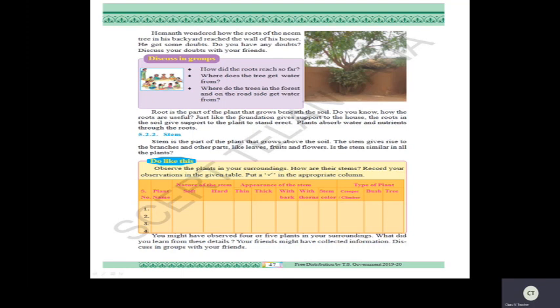Do you know how roots are useful? Just like a foundation gives support to the house. In order to construct a house, you need a basement, right children? Support, basement, that is foundation. On the basement, you construct the house. In the same way, the roots in the soil give support to the plants to stand erect.